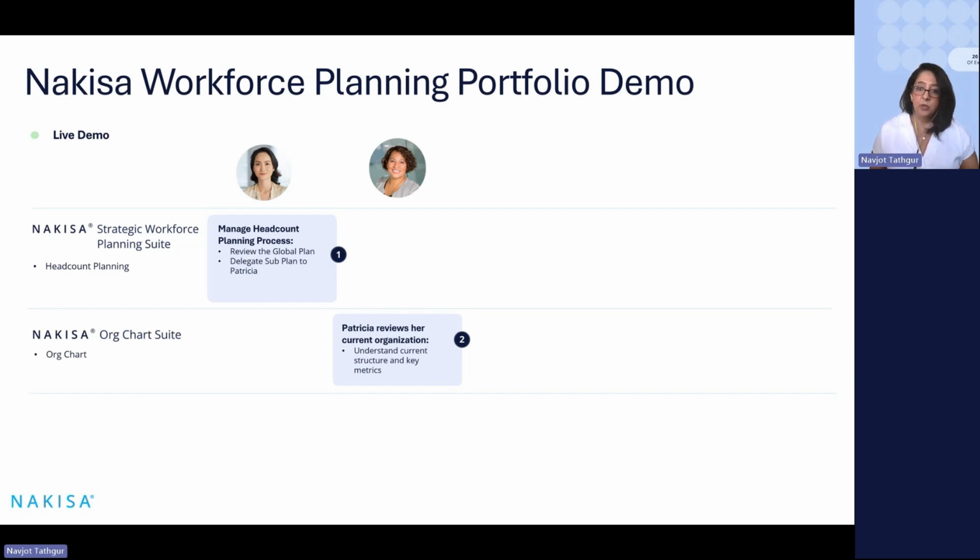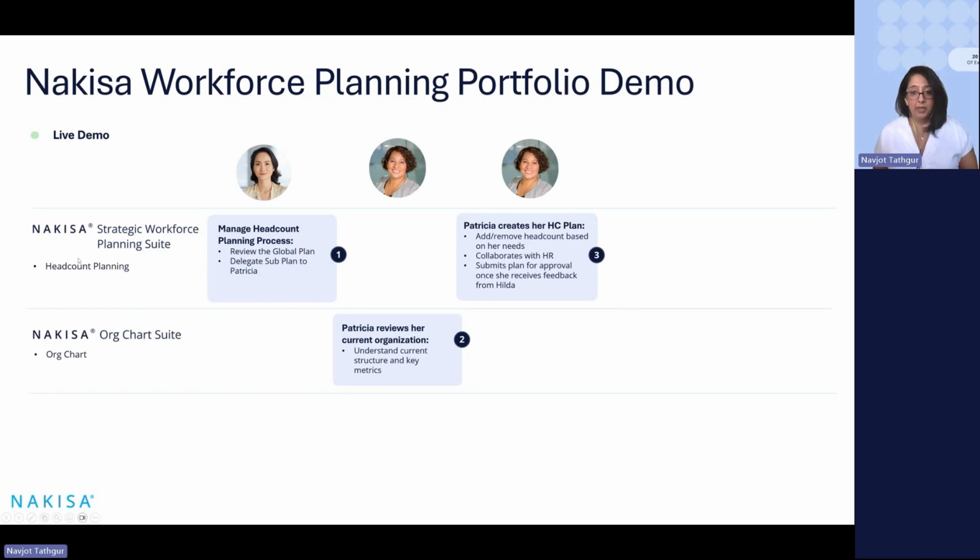But before Patricia goes to the headcount plan, she wants to make sure that she understands the current state of her organization. So she's going to go and access the org chart product, where she's going to understand her structure and the key metrics. Once she's done that and she's ready, she's then going to access her headcount plan that's been assigned to her.